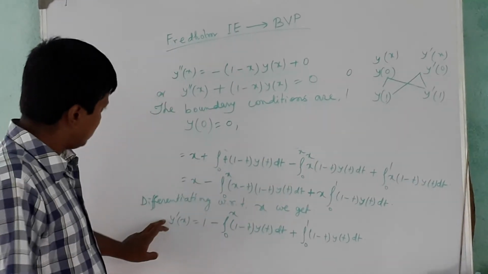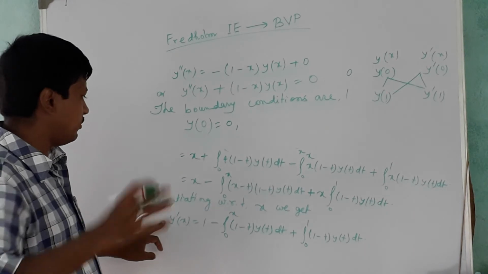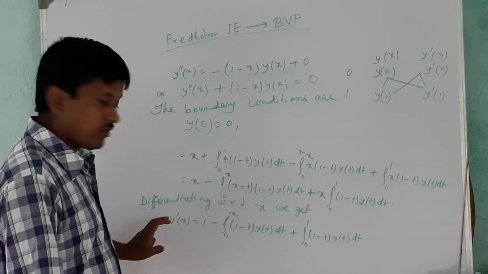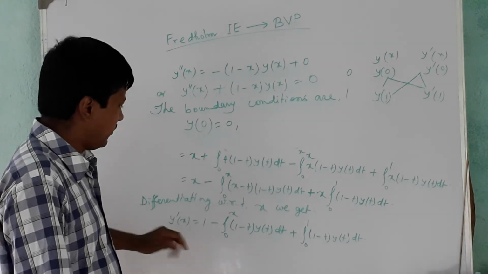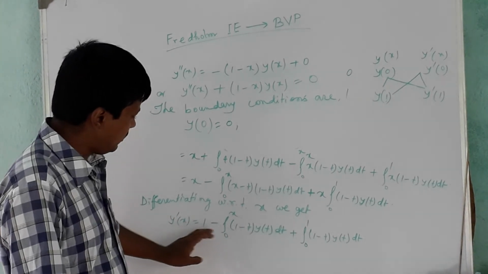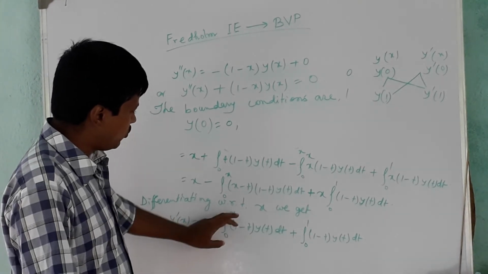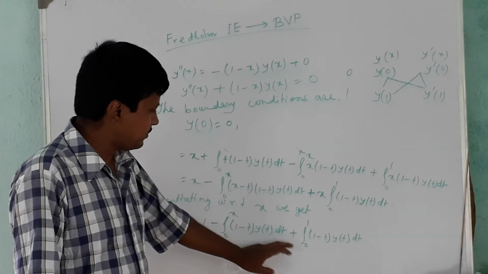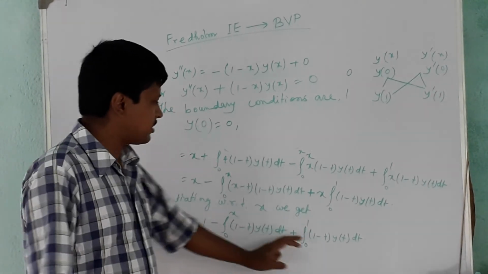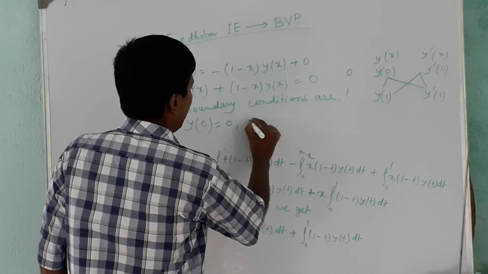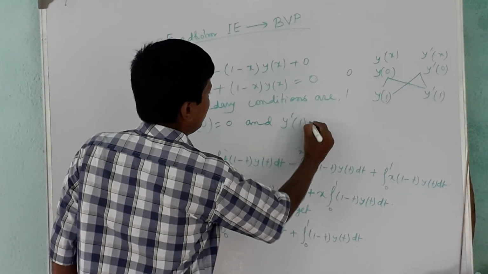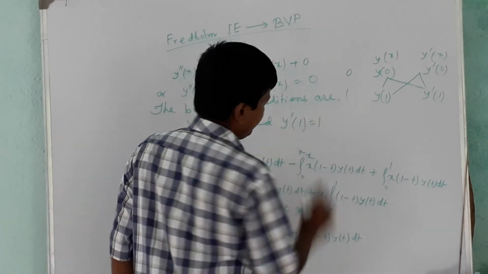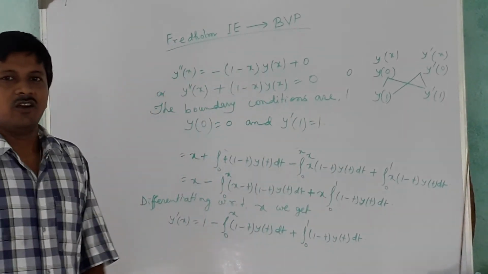Another one, y'(0): if you find y'(0), it is not considerable. So we need to find y'(1). For y'(1), the integral from 0 to 1 of the function is negative and positive terms cancel, so y'(1) is equal to 1. So we have already finished.